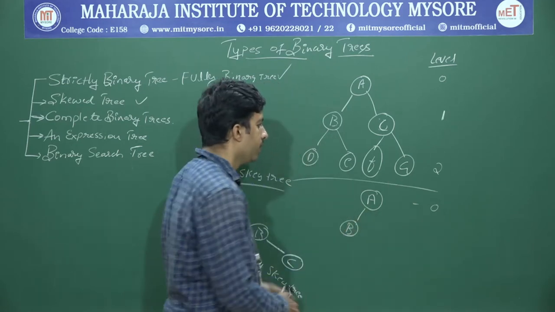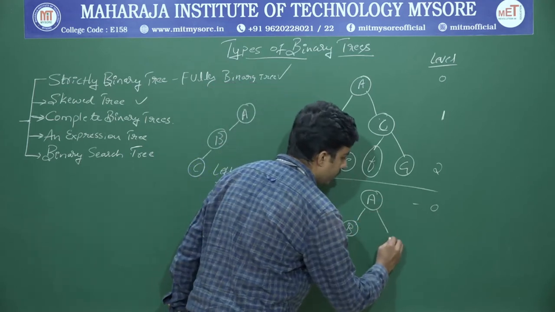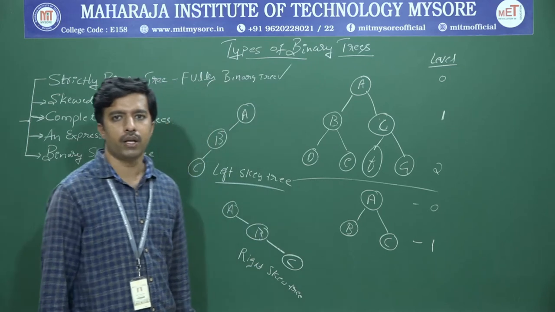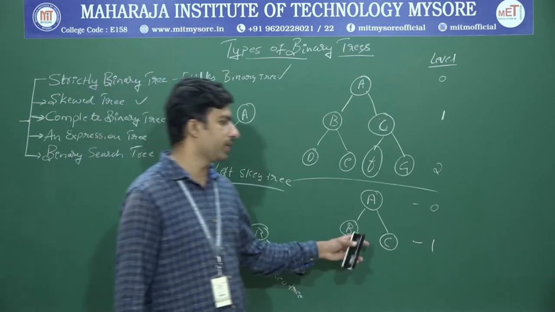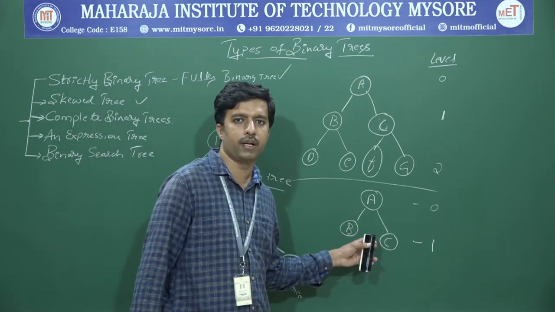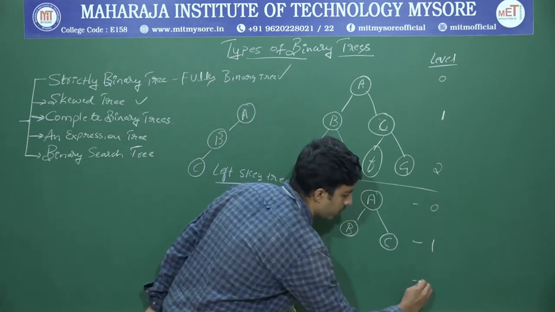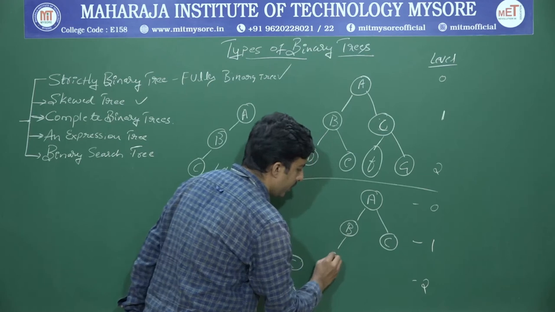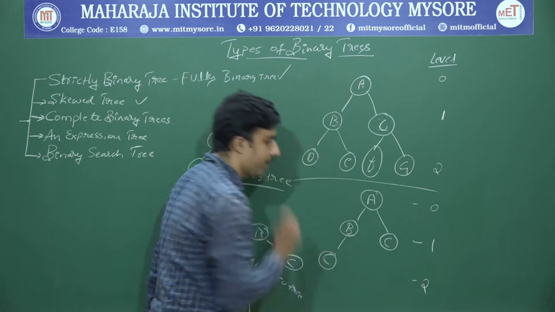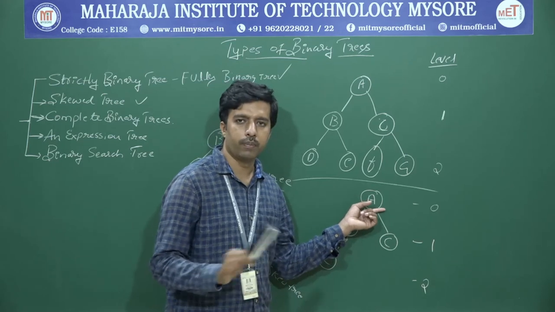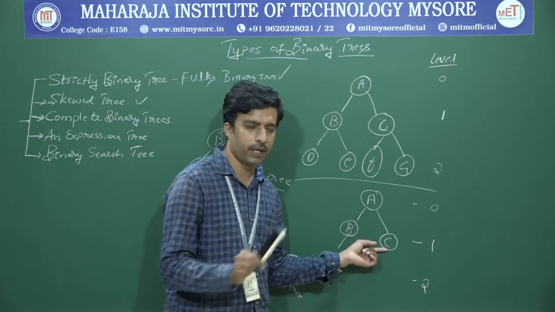What does it mean? See, A and B, this is my level 1. This is a complete binary tree. Yes, it is a strictly binary tree also, and a complete binary tree also. The only difference is at the last level. Now it goes to level 2, and it fills from C. Check whether it is a complete binary tree. Level 0 is completely filled, level 1 is completely filled.